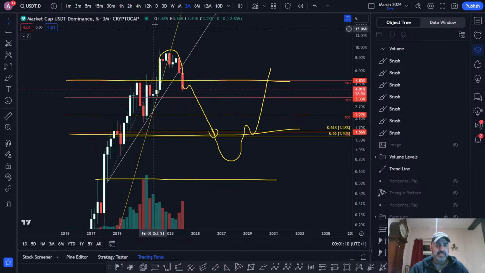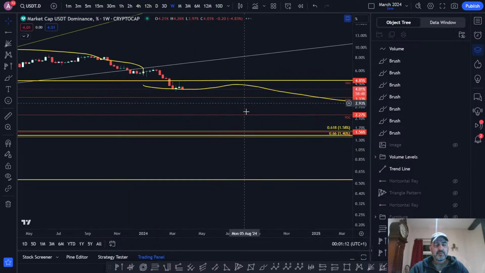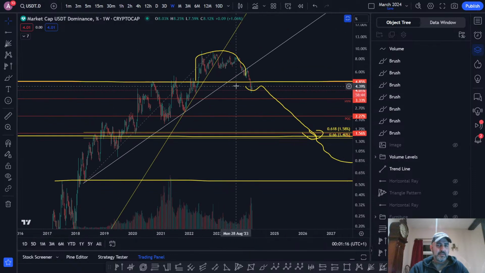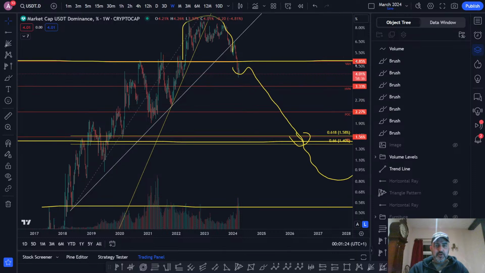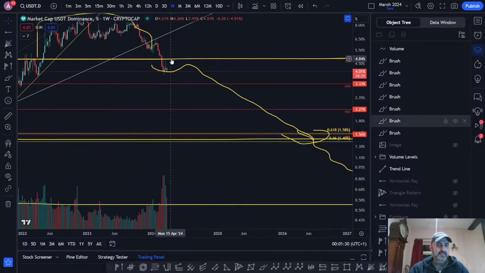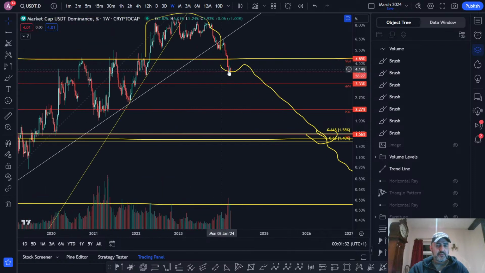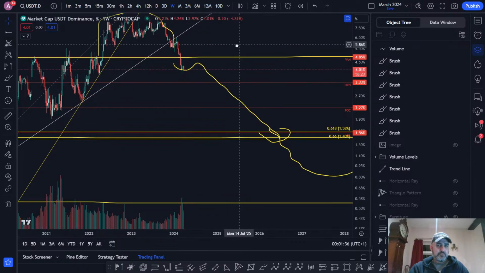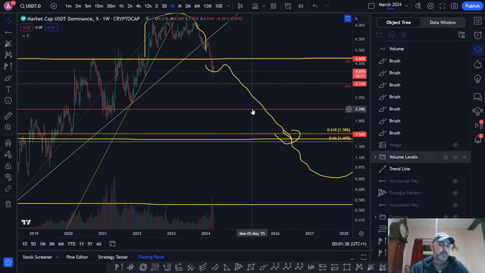But we are definitely, as far as I can tell, in a bump and run pattern, and we've only just really broken out of that pattern. So that gives me a lot of confidence. We're back into the value area. We've lost value area high as support. And so for all intents and purposes, this is definitely going to continue all the way down to the point of control.